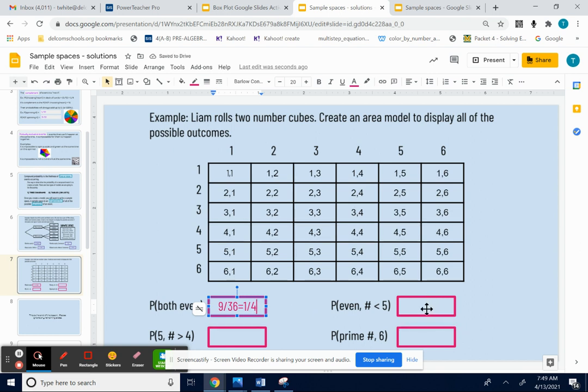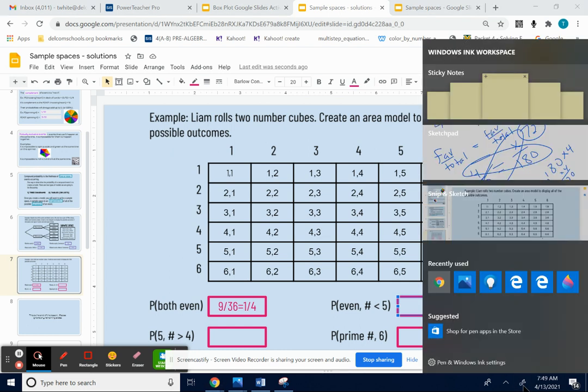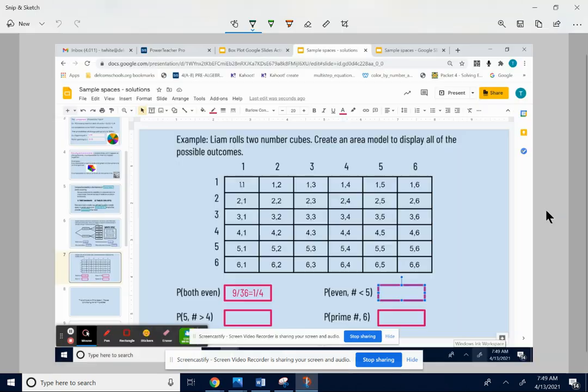Let's do one more together. I'll let you do the last two. Okay, the probability of even for the first one, and a number less than 5 for the second one. We've got to think about this. I'm just going to start with the first column.